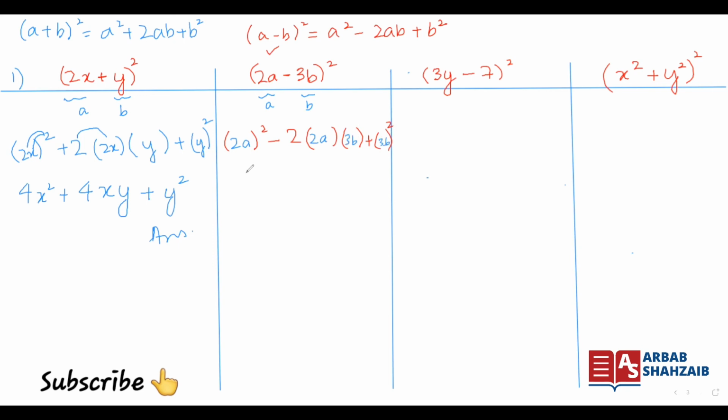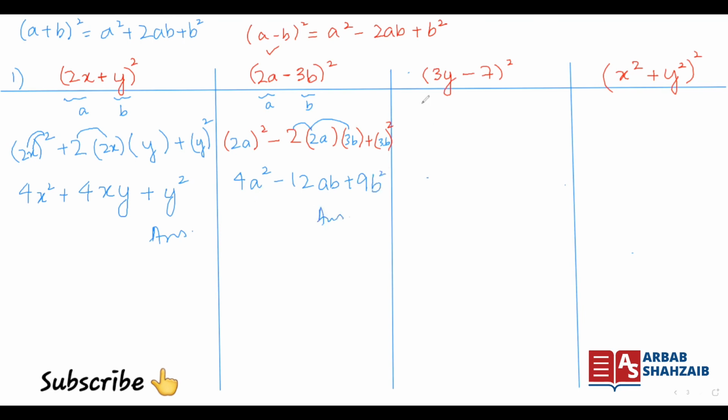Okay, so now 2 square is 4, a square minus, here 2 times 2 is 4 and 4 times 3 is 12, and plus, minus minus, and a times b is ab, plus 3 square is 9, and b square. So this is the answer.